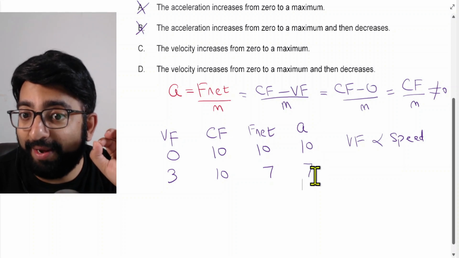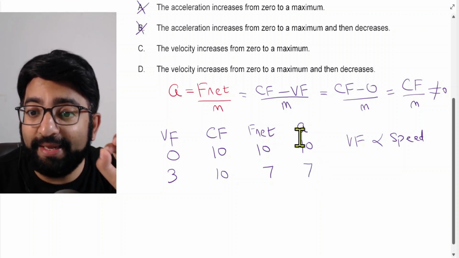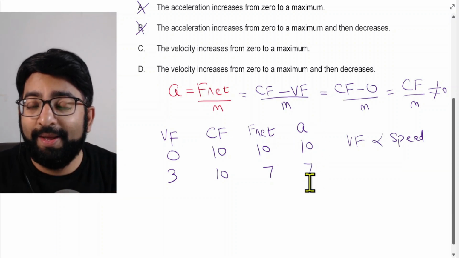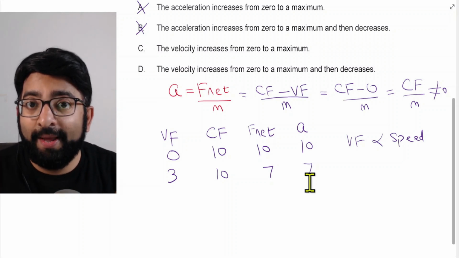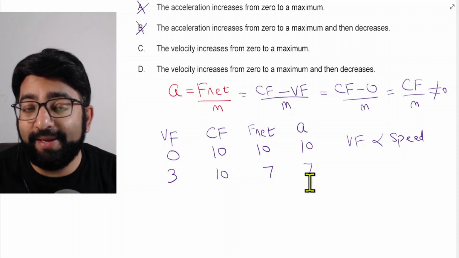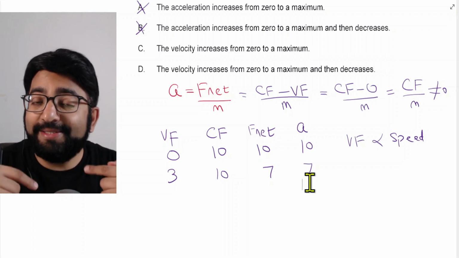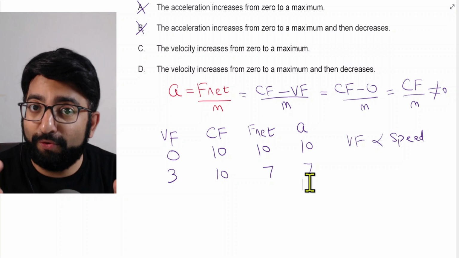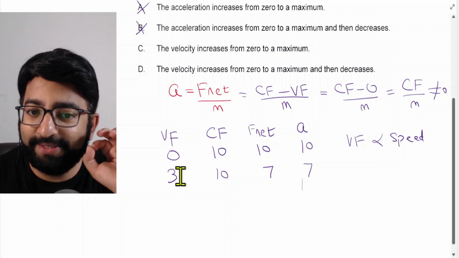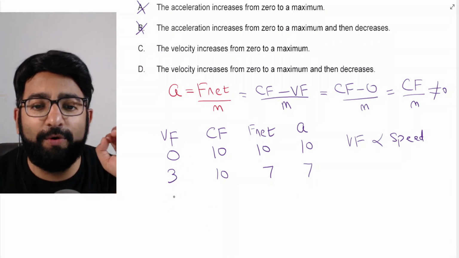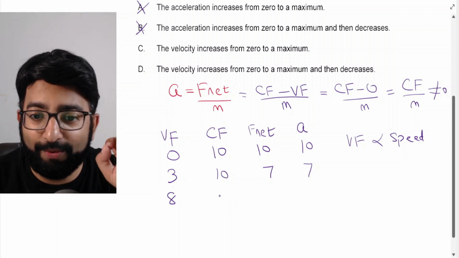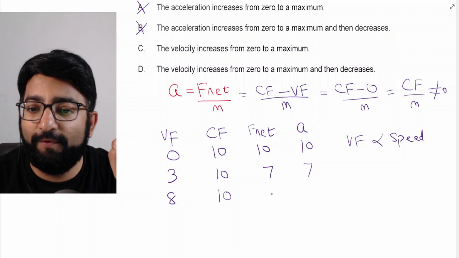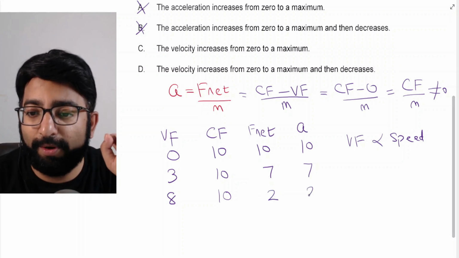So analyze, the value of acceleration has decreased from 10 to 7. But in both these cases, the acceleration is a positive quantity, which means the speed is increasing even further. As the speed increases, the varying force also increases further. So let's say after some time, the varying force becomes 8, hypothetically. The constant force will still stay at 10. Net force will be 2 and acceleration will become 2.